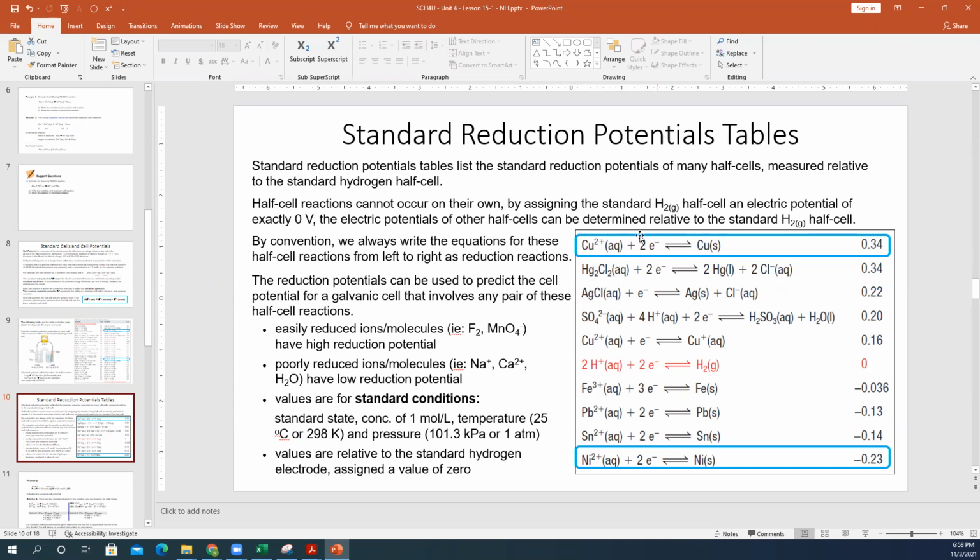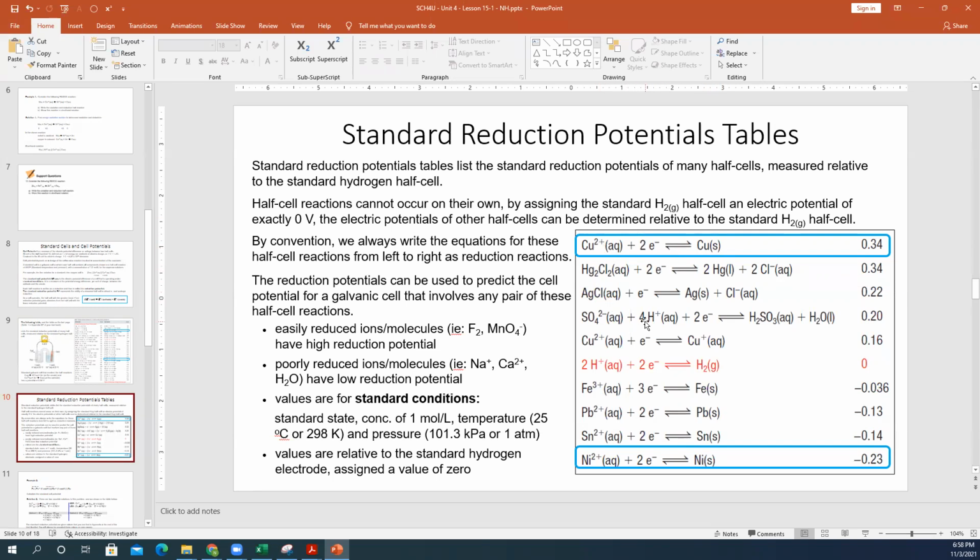So they're always shown as the ion plus electrons going to form what's finally reduced. So the copper ion is gaining electrons, and gaining of electrons is a reduction reaction. And finally, you have this copper atom at the end.